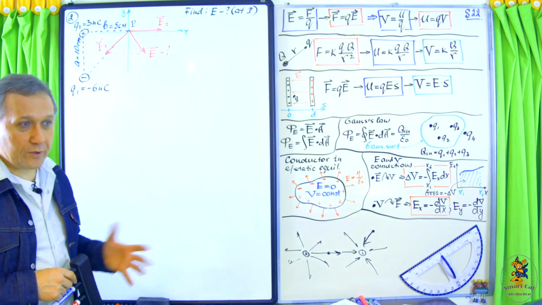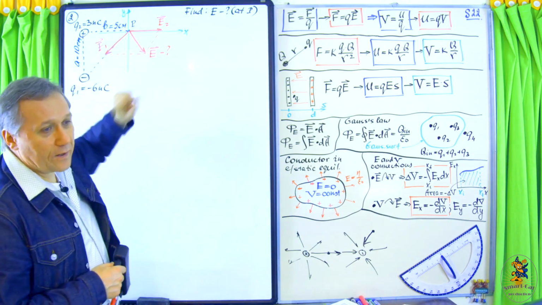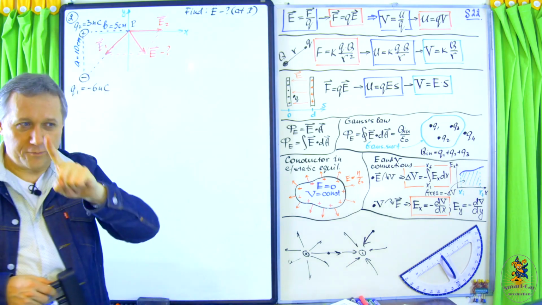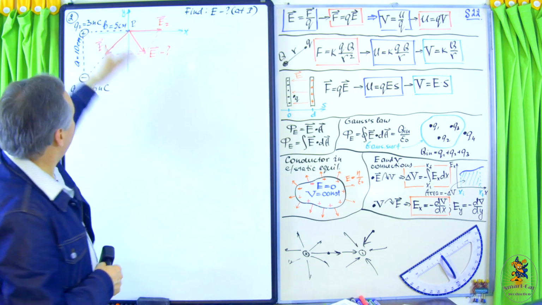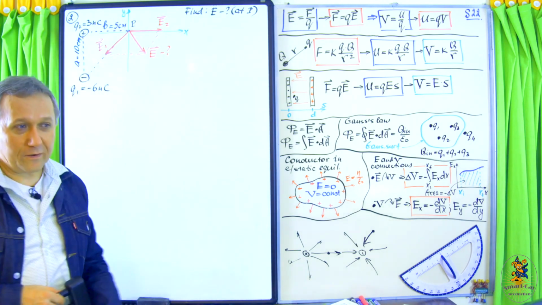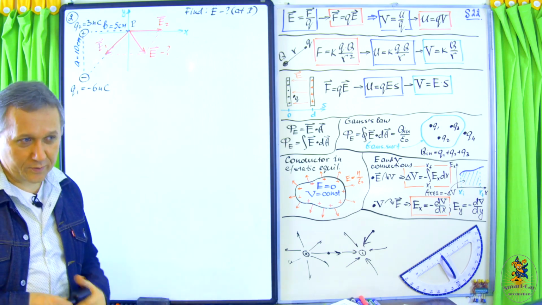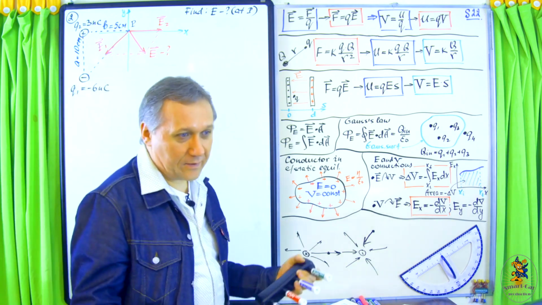Okay, and you remember the procedure. First we can find the absolute value, or magnitude, of this electric field, then find components. Then the magnitude of the other electric field, then components, and then we just add corresponding components in order to find the components of the net electric field.